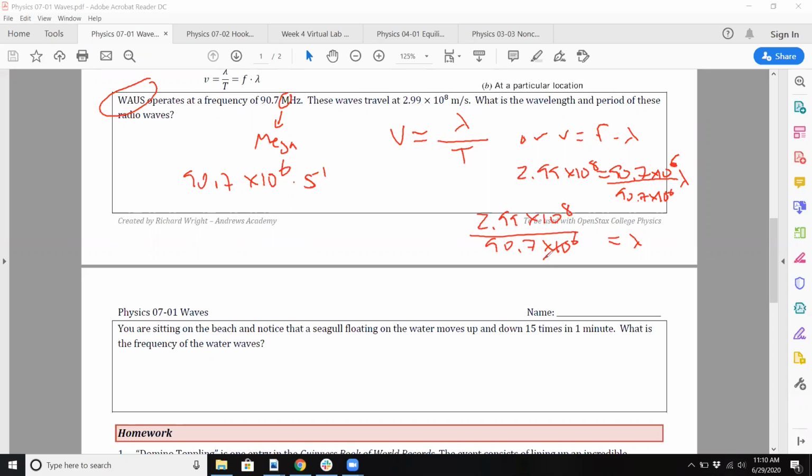The 10s will cancel, so it becomes 10 squared. I'm doing 2.99 divided by 90.7, and you get about 3.297, times 100, so about 329.7 meters.